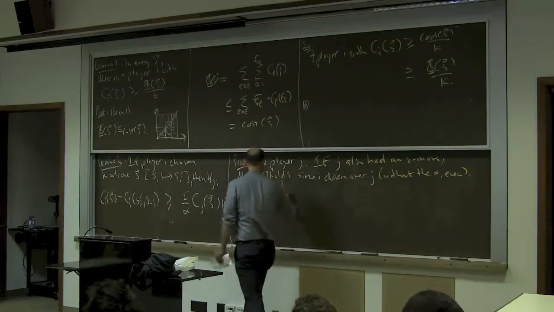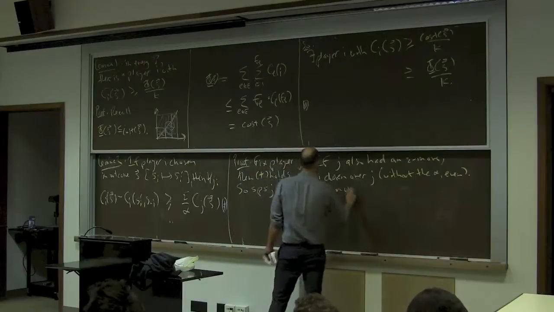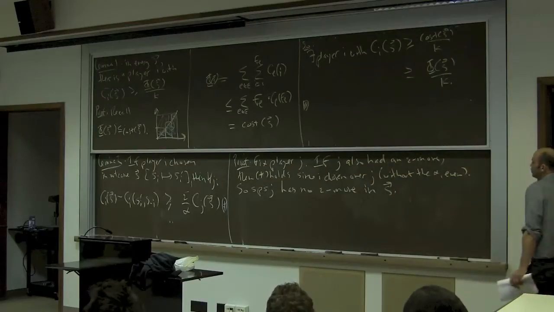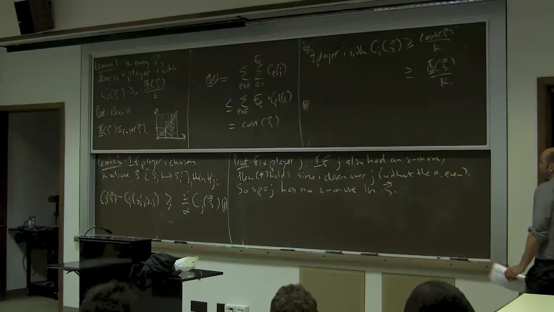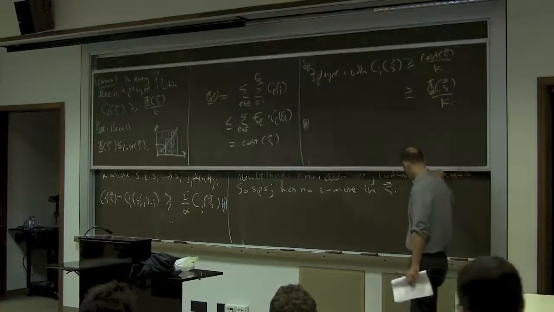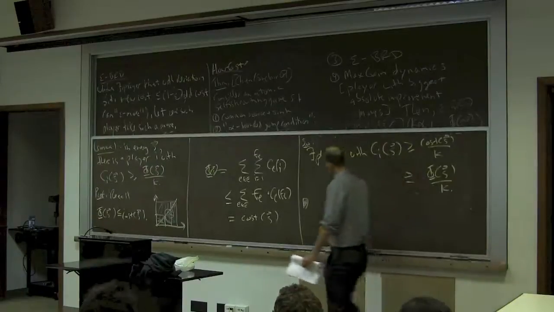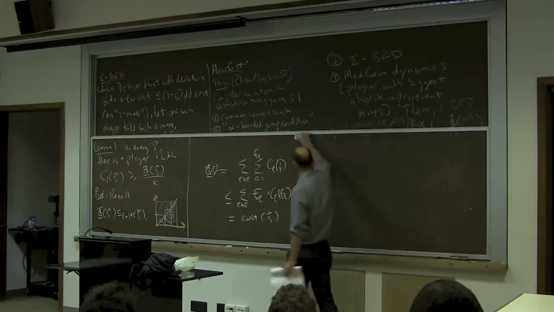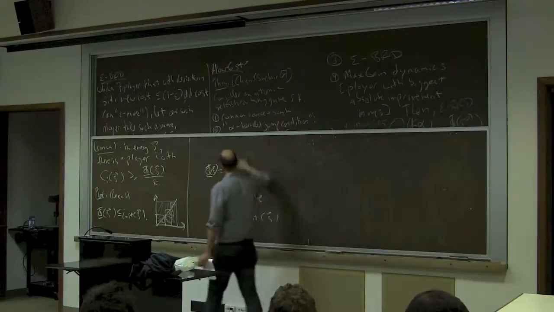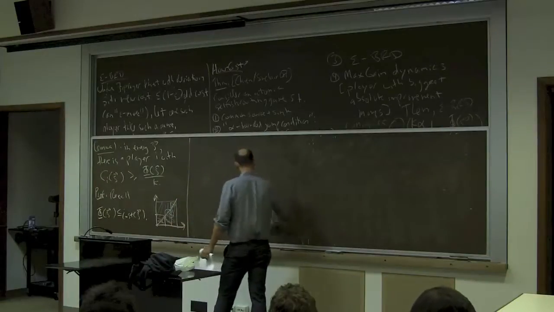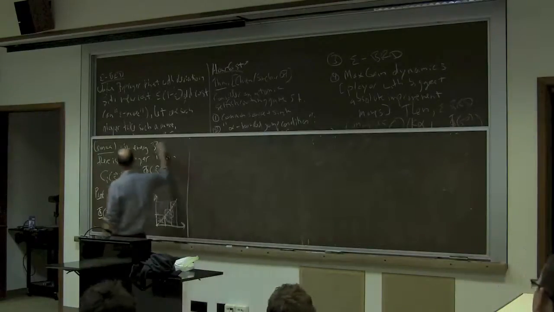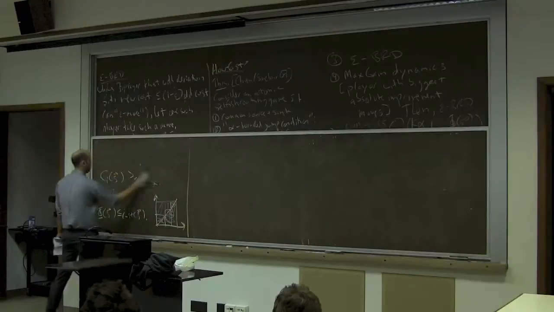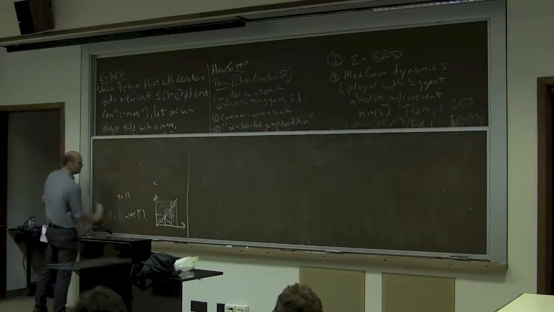So suppose player J has no epsilon move in the current outcome S. So what does it mean that you don't have an epsilon move? It means that no matter which deviation you take, your cost is not going to go down by very much. Your new cost is going to be at least 1 minus epsilon times your old cost. And that's going to be true no matter which deviation you try.